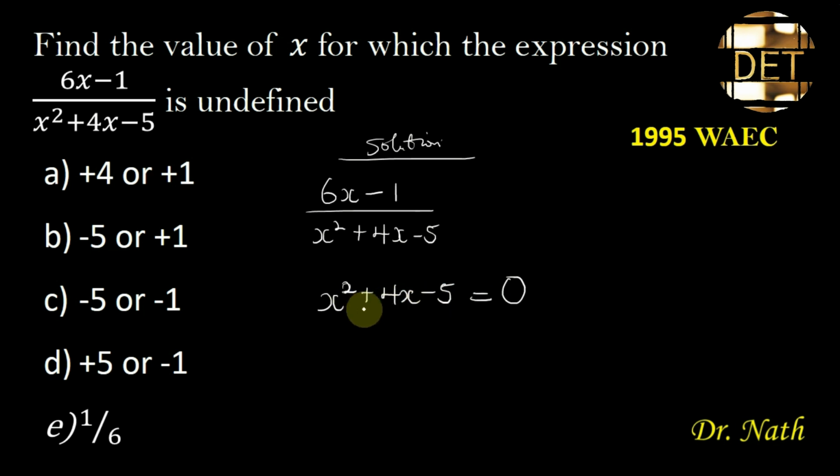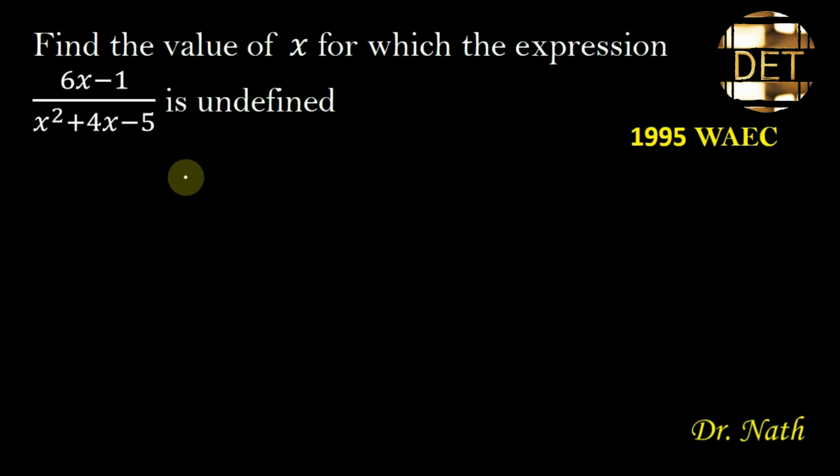So the expression that we have now is x squared plus 4x minus 5 is equal to 0. We're going to use the factorization method to solve this quadratic equation.